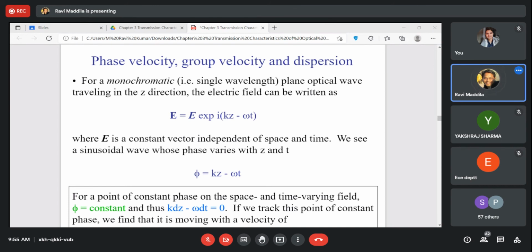And t here represents the time. So that is the significance of this: the behavior of an optical signal as it propagates with an angular frequency omega at certain time t in a direction z with a wave vector k.